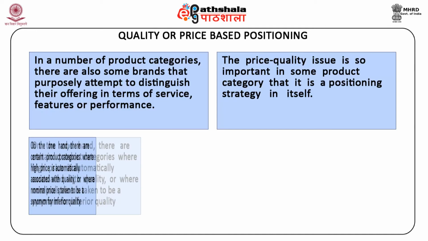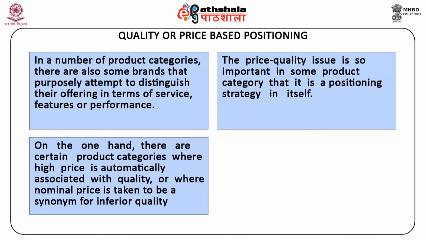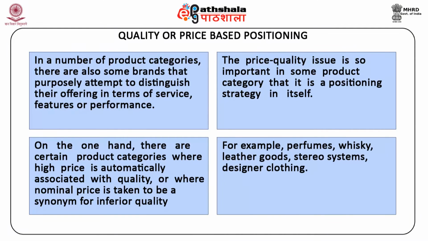itself. On the one hand, there are certain product categories where high price is automatically associated with quality, or where nominal price is taken to be a synonym for inferior quality. For example, perfumes, whiskey, leather goods, stereo systems, designer clothing.